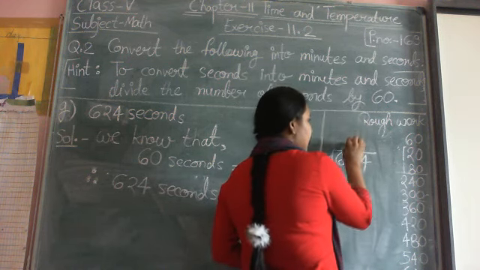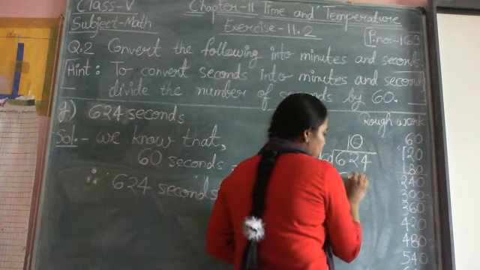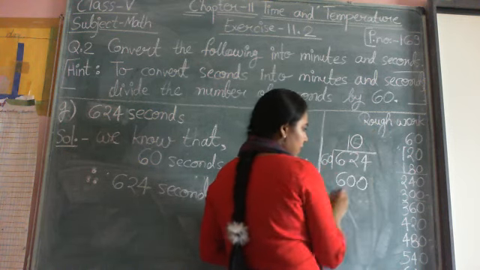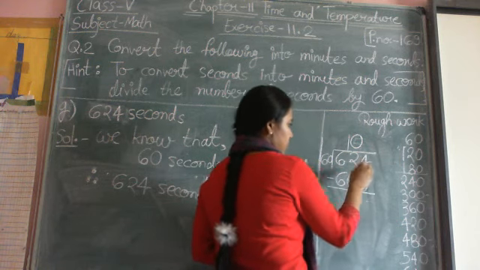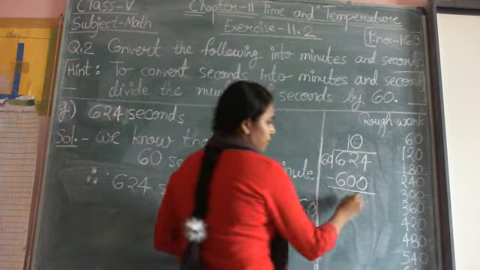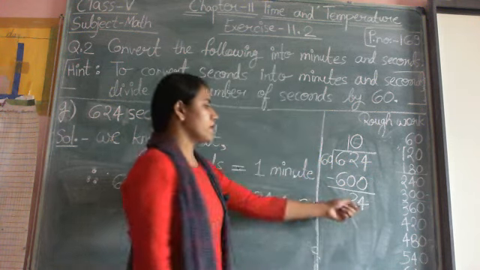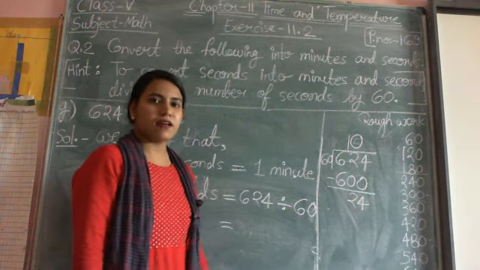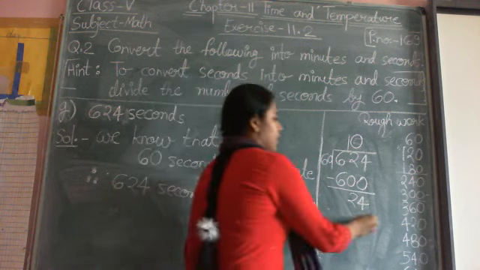So in 10 times, 60 tens are 600, right? Now subtract both the numbers. When we subtract them, 24 is the remainder. Now this 24 is smaller than our divisor 60, so we will stop our division here.